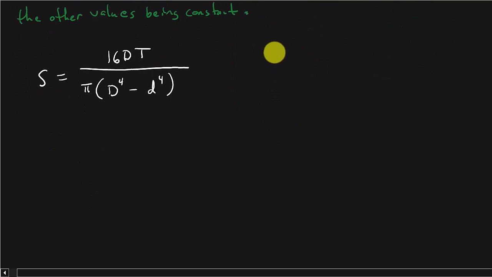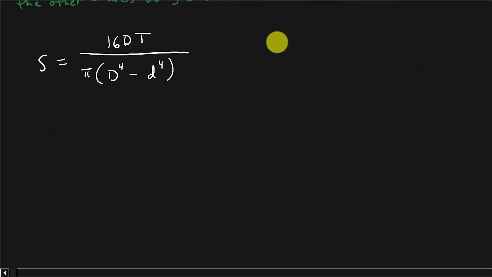All right, so for this problem, how do I want to go about working this one? Just remember the capital T and the little d are treated like numbers.